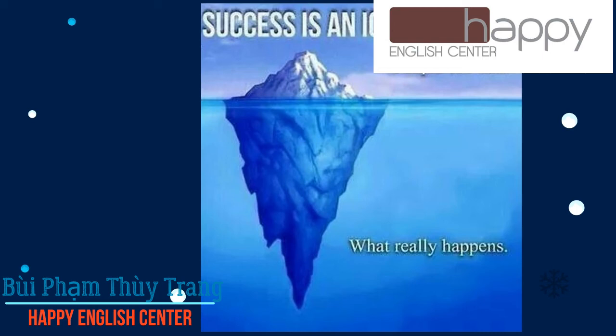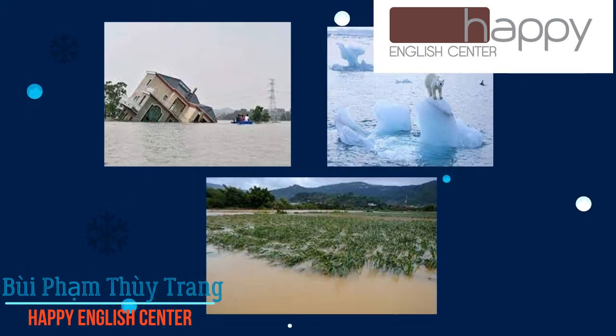Most of it is hidden under the water. If our glaciers melt, the sea will rise by about 70 meters. This will cover many cities, and many people, animals, and plants will die.